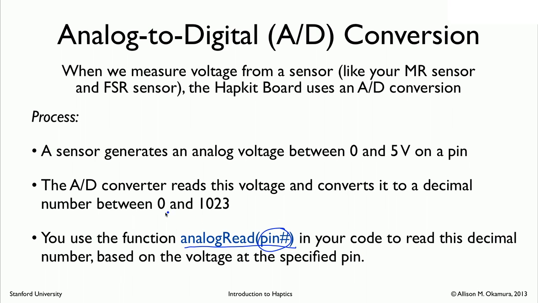And the decimal number that it's going to read is going to be a number between 0 and 1023. And what you have to do is either convert that to a voltage or do some other calibration step to figure out what that means in terms of the actual sensor value that was read. And one of our exercises this week will be to actually do that calibration for your HapKit board and the sensors that you have, namely the MR sensor and the FSR sensor.